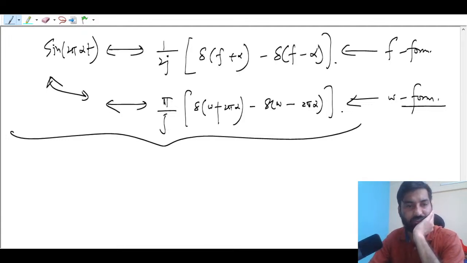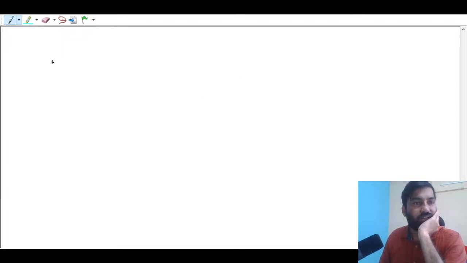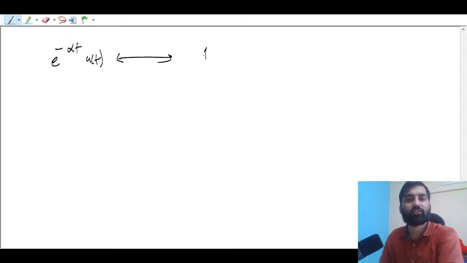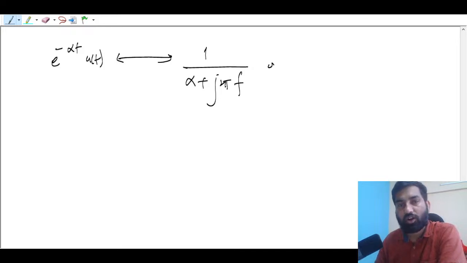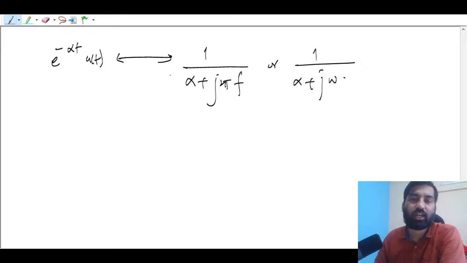Let's talk about other Fourier transforms. Suppose we have any exponential like e raised to power minus alpha t u(t). What is the Fourier transform? It is 1 upon alpha plus j 2 pi f, or in omega domain it will be 1 upon alpha plus j omega.